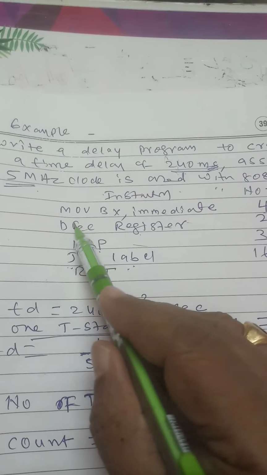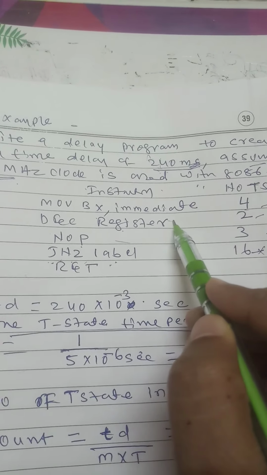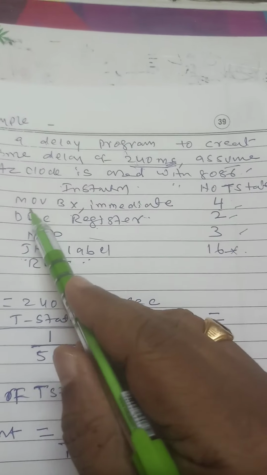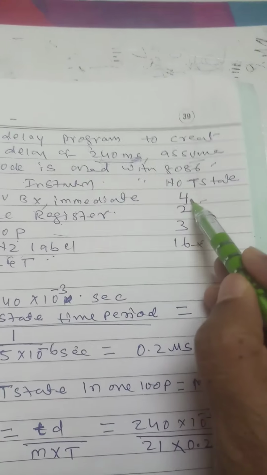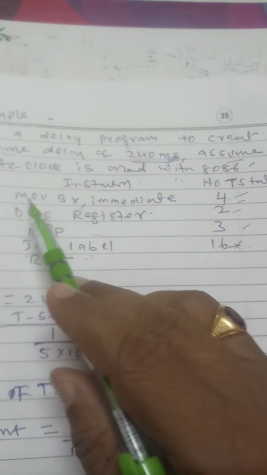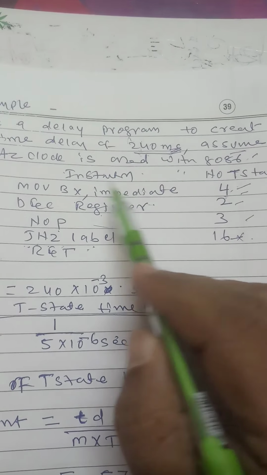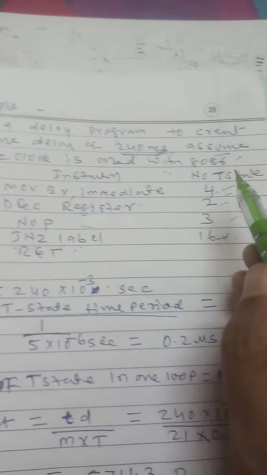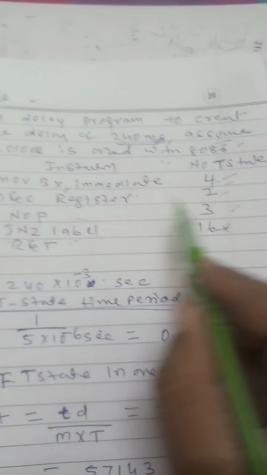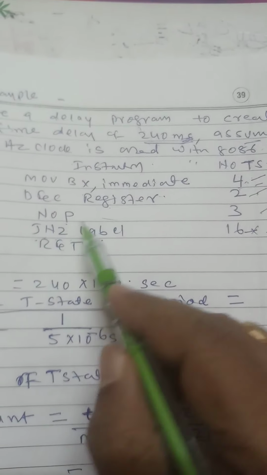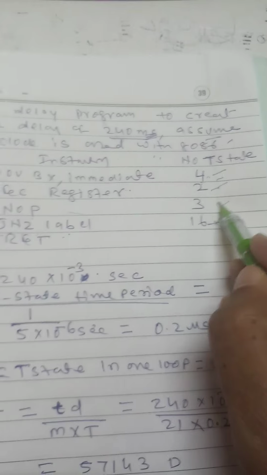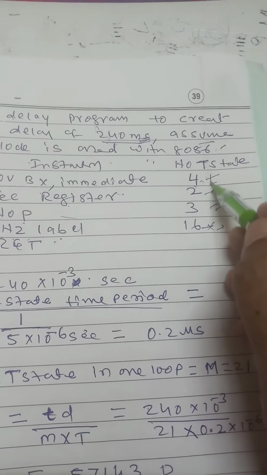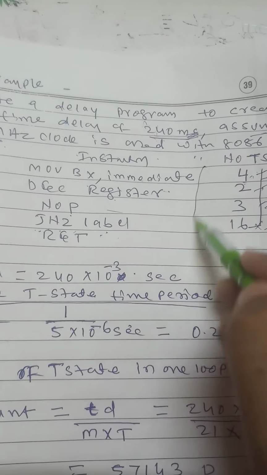So the instructions are again MOV BX, immediate, and the number of T states to perform this MOV was already seen: 4 T states. Then decrement register 2 T states, NOP 3, and JNZ label 16. So these are the total T states in this code.